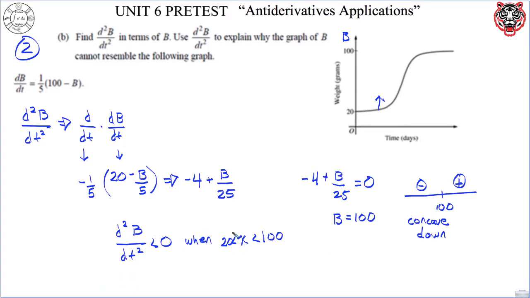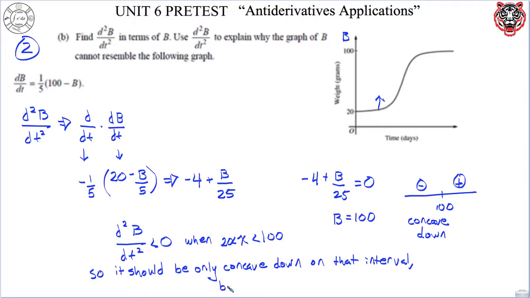And so this means it should be only concave down, I guess, still on that interval. And here's the problem: our graph is concave up.